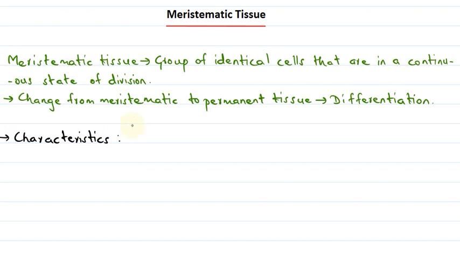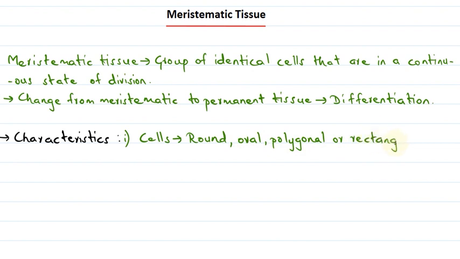The first characteristic feature of meristematic cells is that the cells of meristematic tissue are either round, or oval, or polygonal, or rectangular in shape.